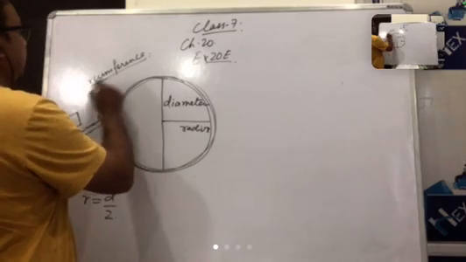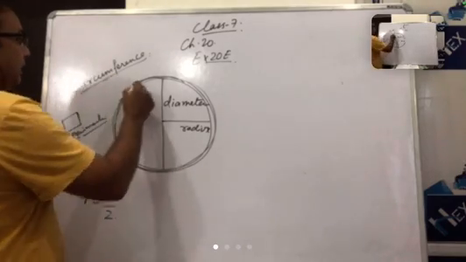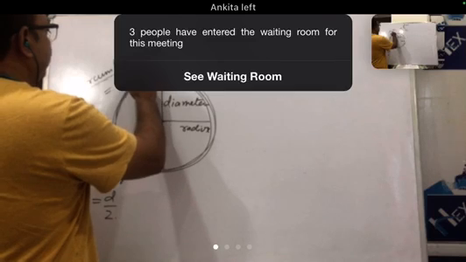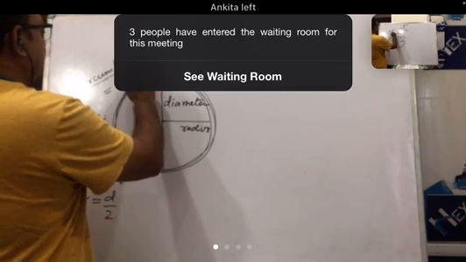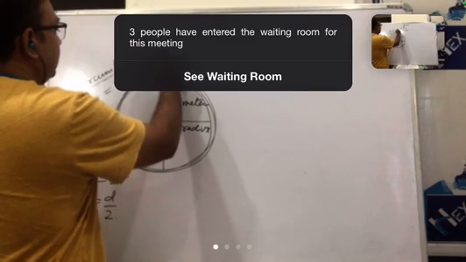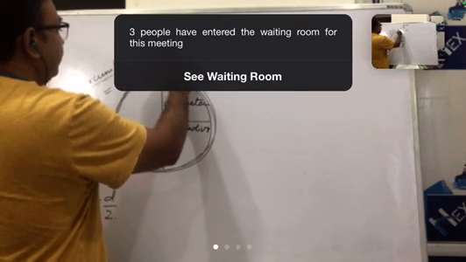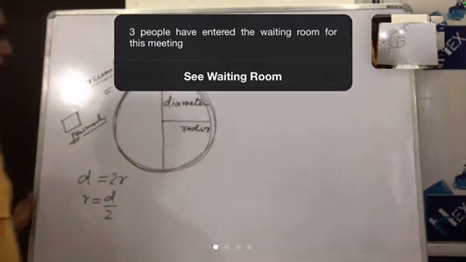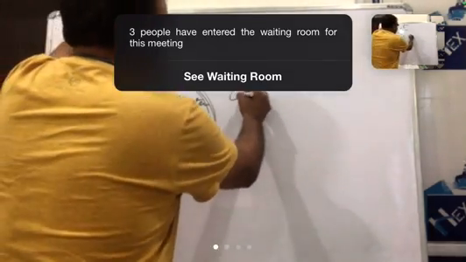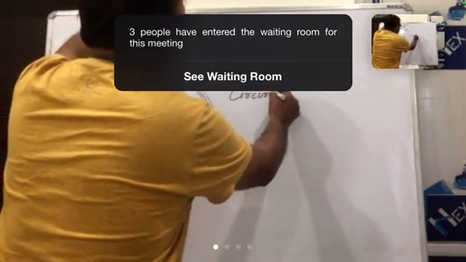The total length of the circle is the circumference of the circle. Very nice.